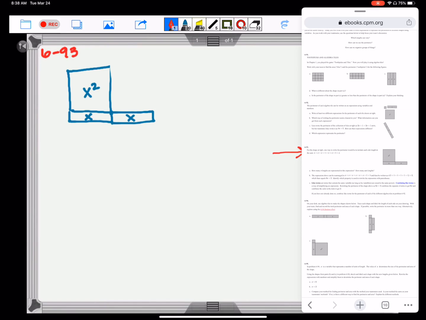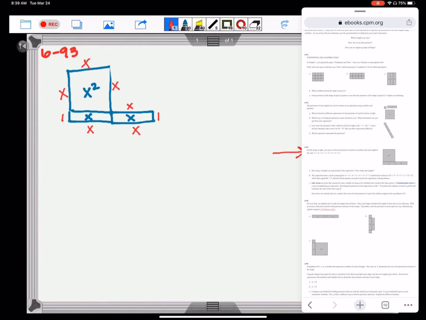So this top side length is x. This one is x. This one, do you remember it? That's 1. This is x, x, 1, x, and x.